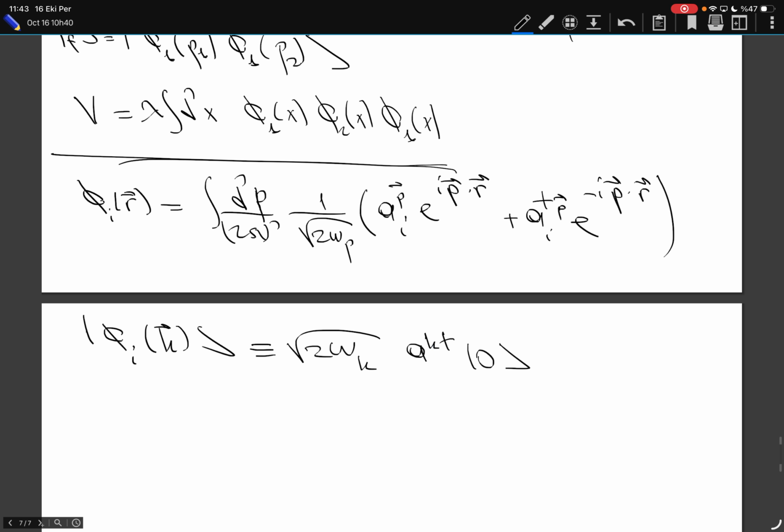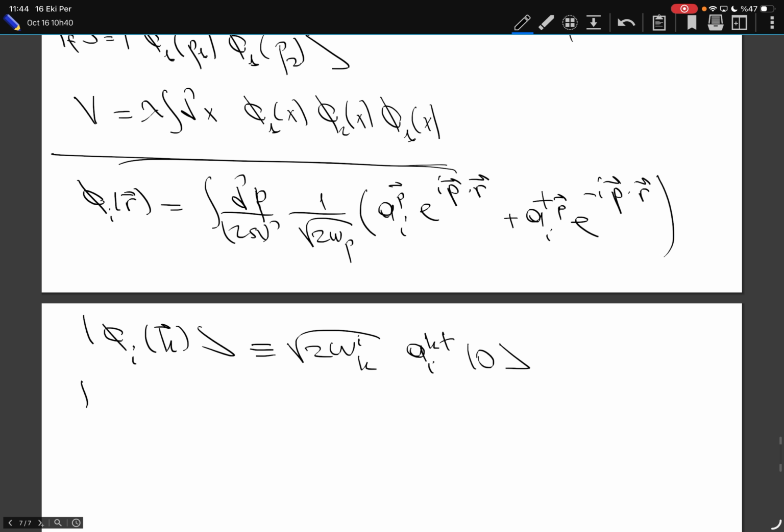Sorry, aren't those exponentials supposed to have four vector multiplications on top of that? Well, this is in the Schrödinger picture. The operators are time independent. You can just insert the time dependent ones also. But you see, I'm looking at the Schrödinger picture.